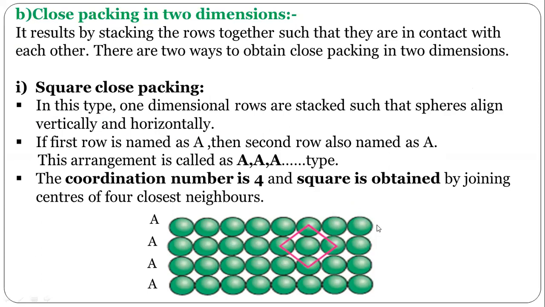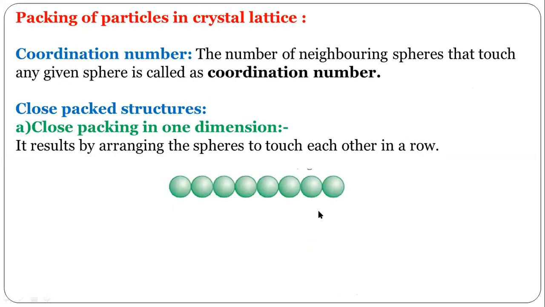What is meant by the coordination number? It is nothing but the number of spheres that touch the given sphere. Suppose this particular sphere is taken, I will show. See, if this particular sphere is taken, it touches two other spheres, so the coordination number is 2.